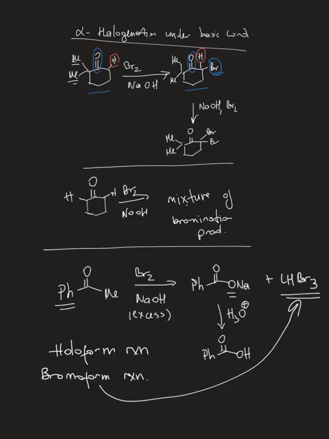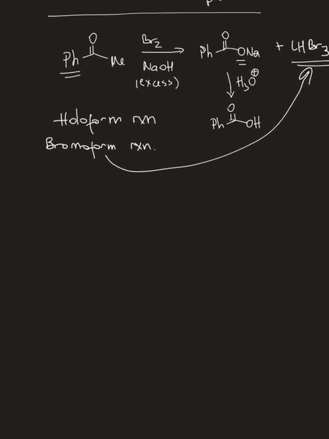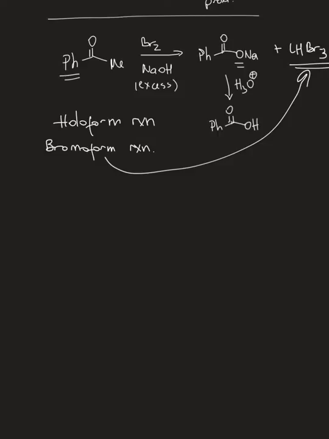All right, let's use this bromoform reaction and look at the mechanism of this alpha bromination under basic conditions. If I use the same ketone, in the first step, you treat that with sodium hydroxide, which will enolize it to make the sodium enolate.